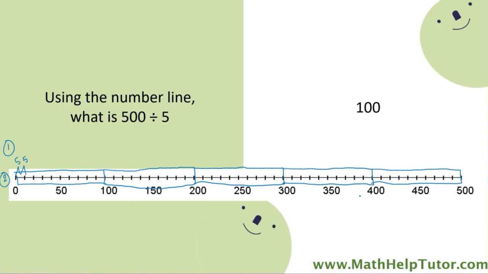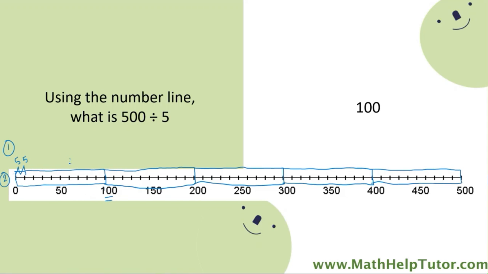drawing sections that have exactly the same number inside of each section. So we were able to create 5 sections that have exactly the same length from 0 to 500. And if we count how many numbers are in each section, each has 100 numbers in it.